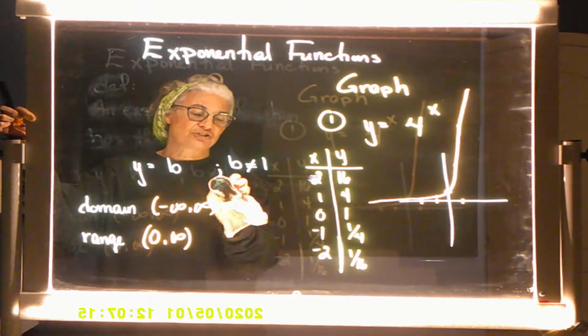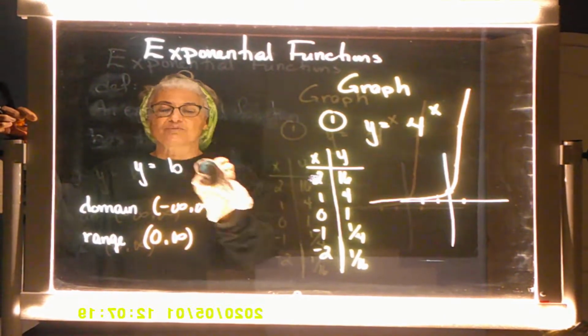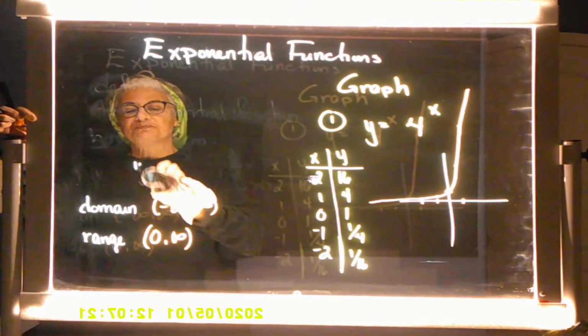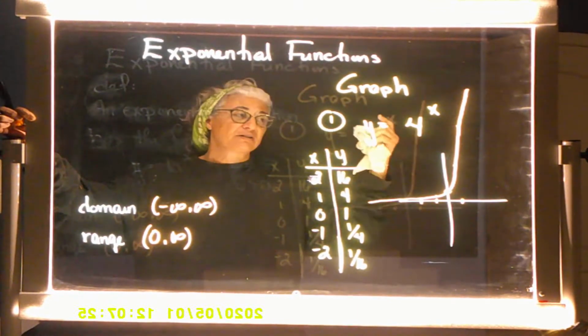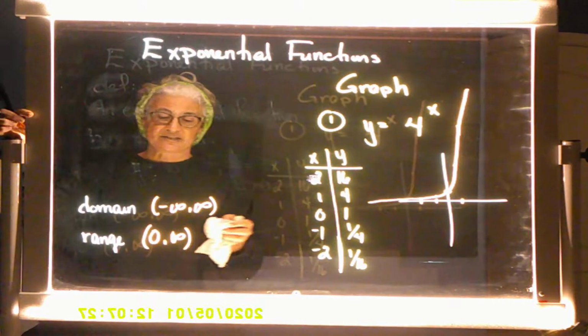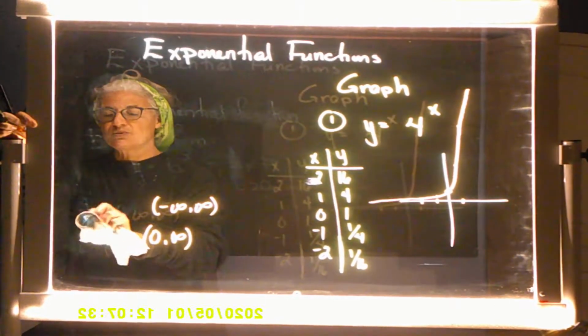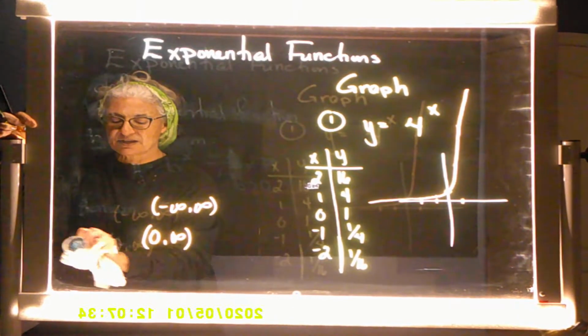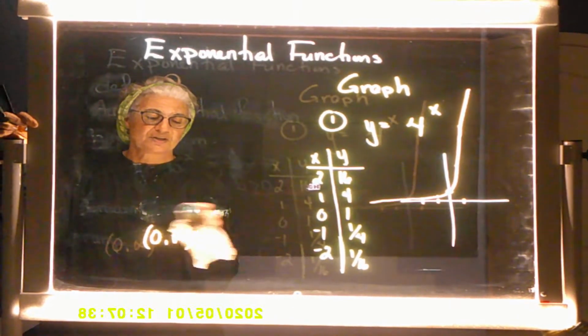An integer is not a fraction and it's not a decimal. So this base was an integer because it wasn't a fraction and it wasn't a decimal. Got it? Okay. Now I want to see what my graph looks like if my base is not an integer.